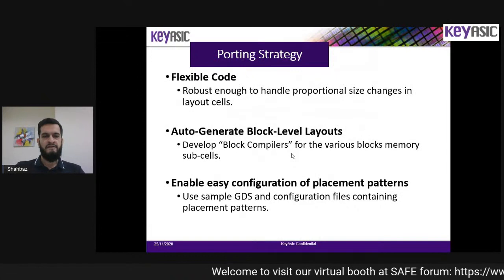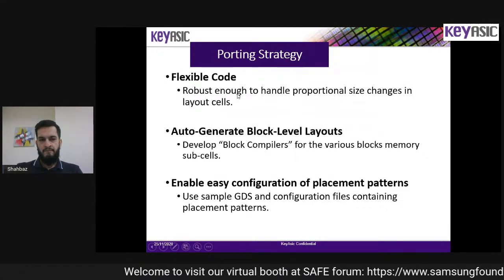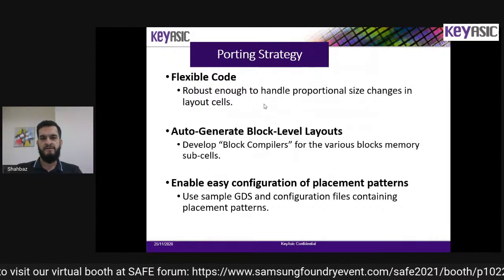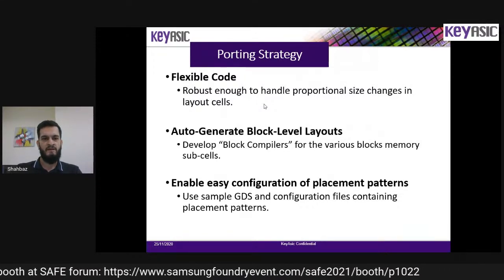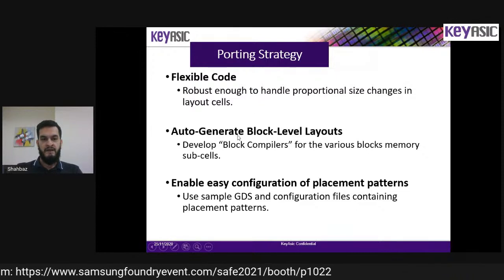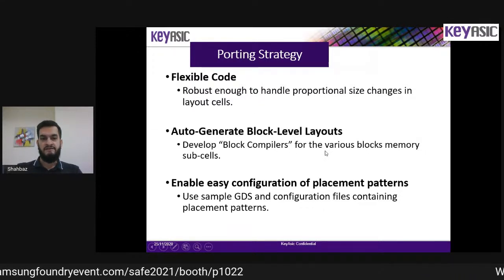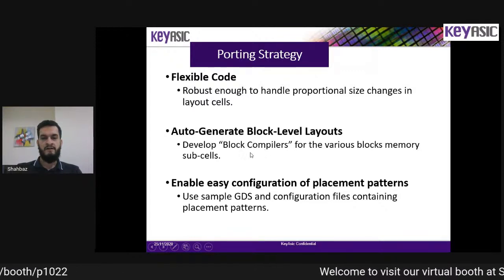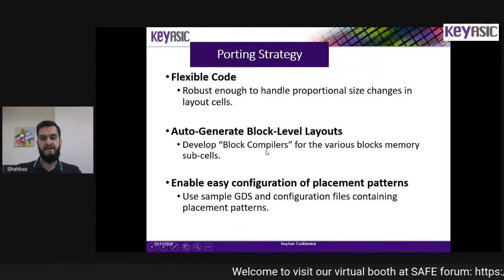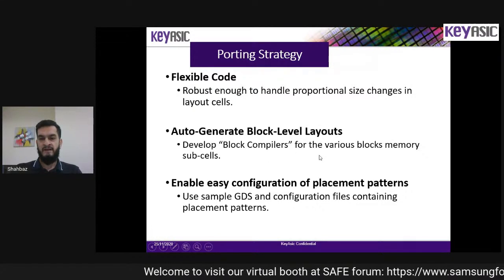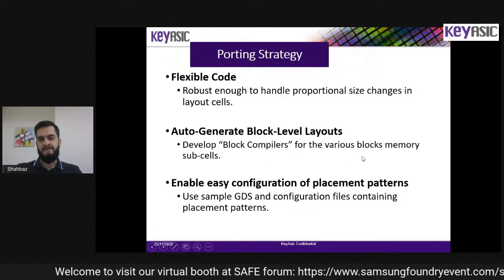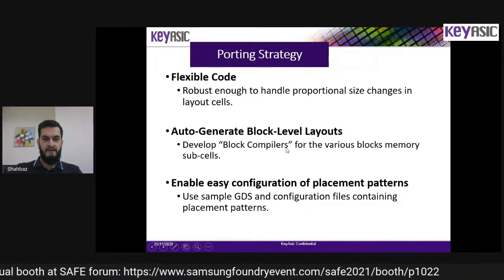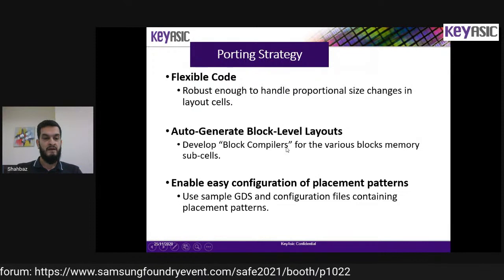Moving on, the overall strategy is to make the code flexible enough so that it's robust to handle proportional changes in the layout cells. Right, it's very important. And then auto-generate the block level layouts through these programs, which we call block compilers, right, for all the subcells that would be the building blocks of our memory, right?